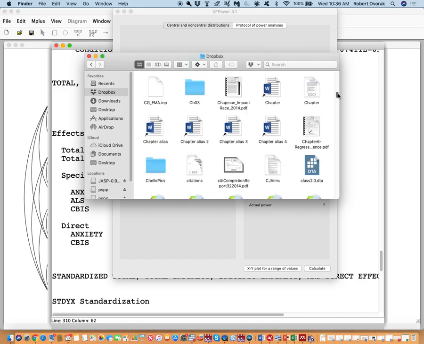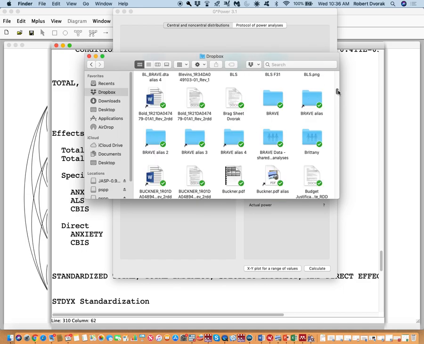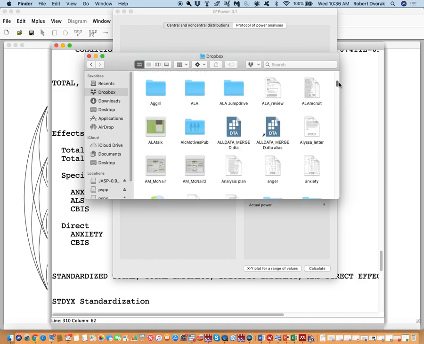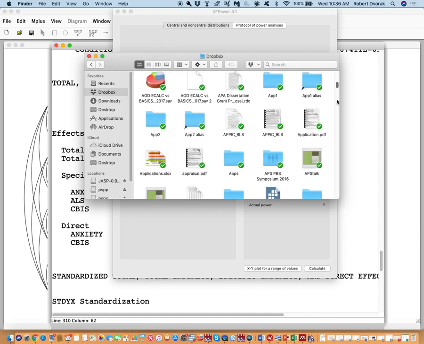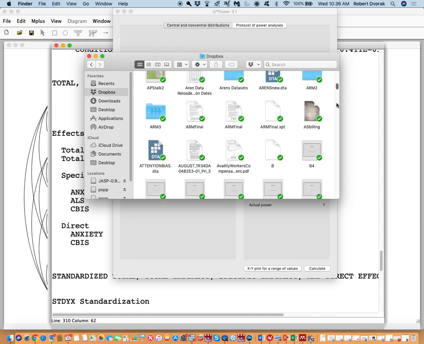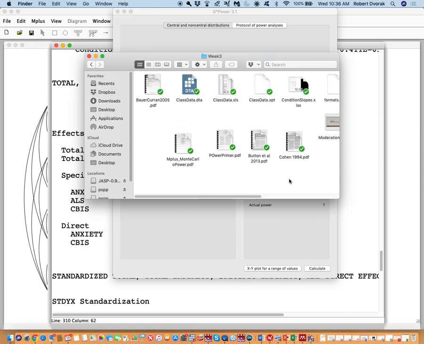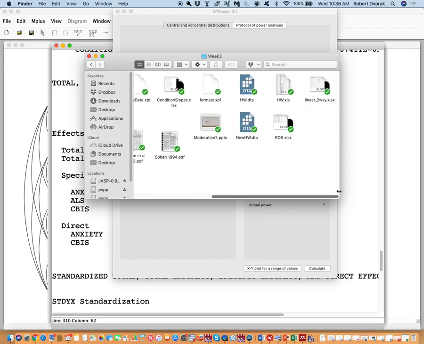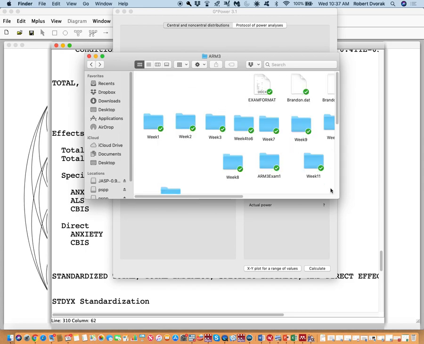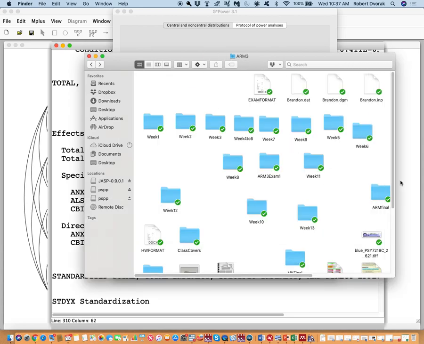So you'll notice that I shared this in web courses. Some of my ARM3 resources here. Oh, I bet it's just in this box. It's completely disorganized.